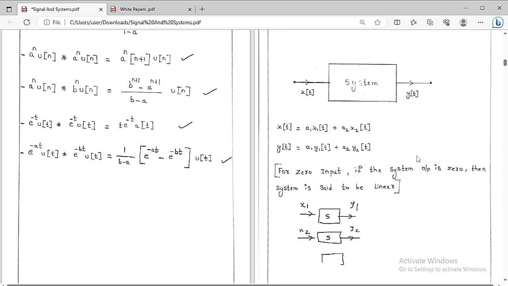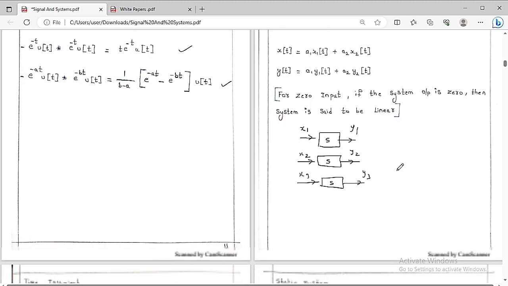Similarly, for the same system, if the input is x3, then the output is y3. Basically, the input x3 is a summation of the two previous inputs. Then the output should also be equal to the summation of the two previous outputs. If this is the case, then we can say the system is said to be linear.